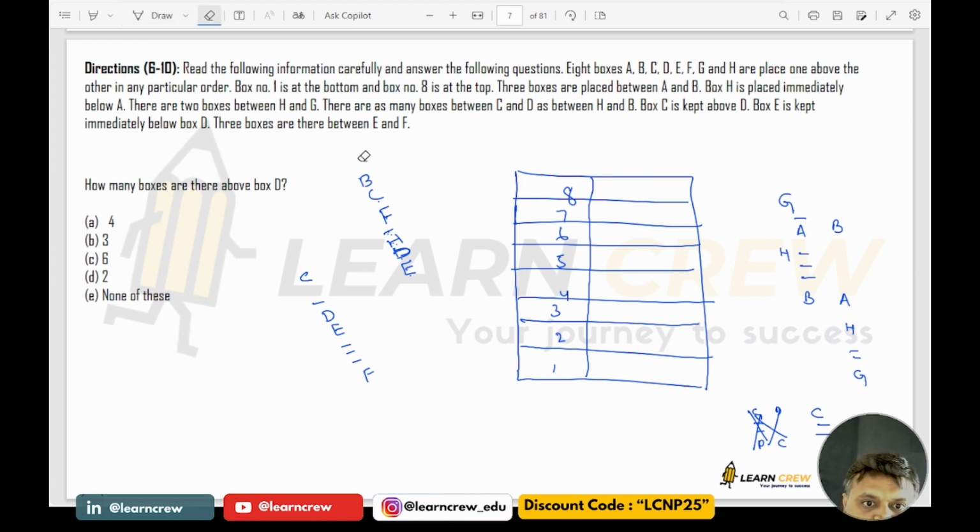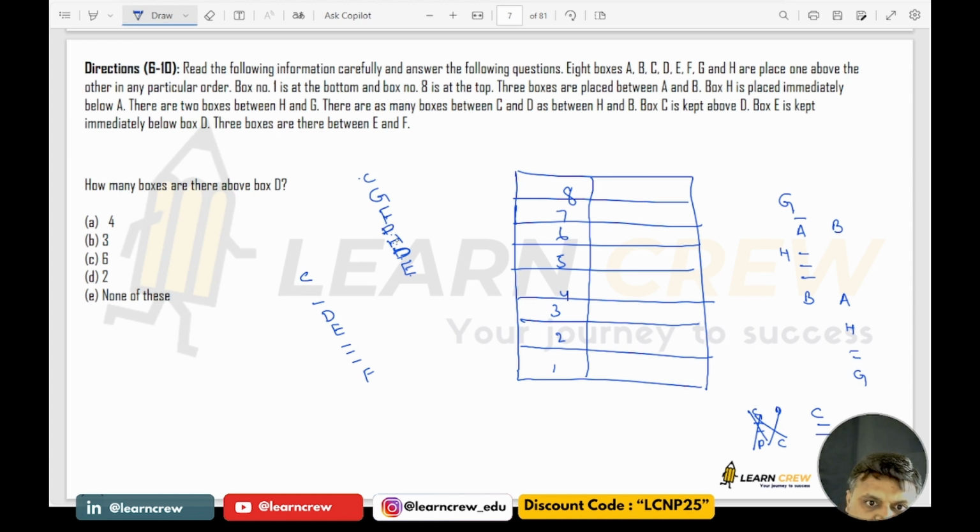If I am leaving 4 boxes, because now there is a condition that there are 2 boxes between H and G. There are 2 boxes between H and G means this has to be G. So now if there are as many boxes between H and B as between C and D, if I take this as C, which is above D, this is C, this is D. Between C and D, I have 2.